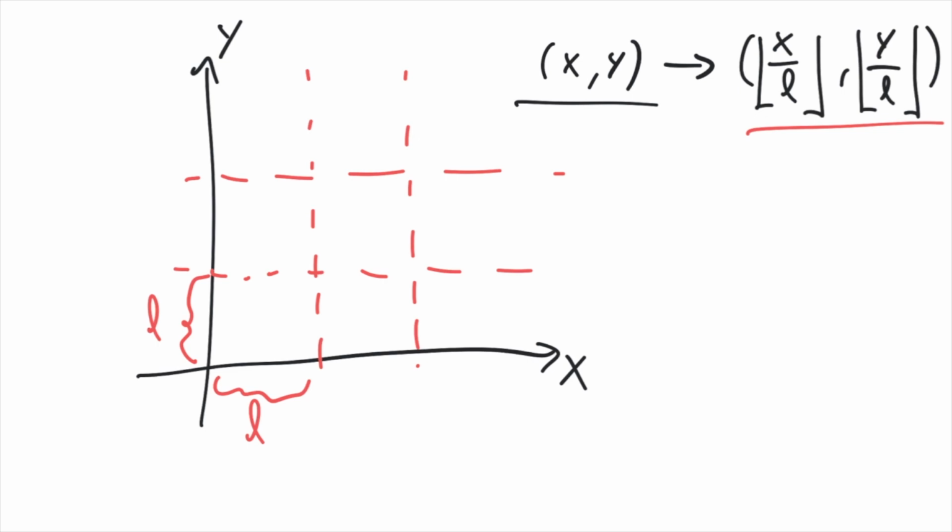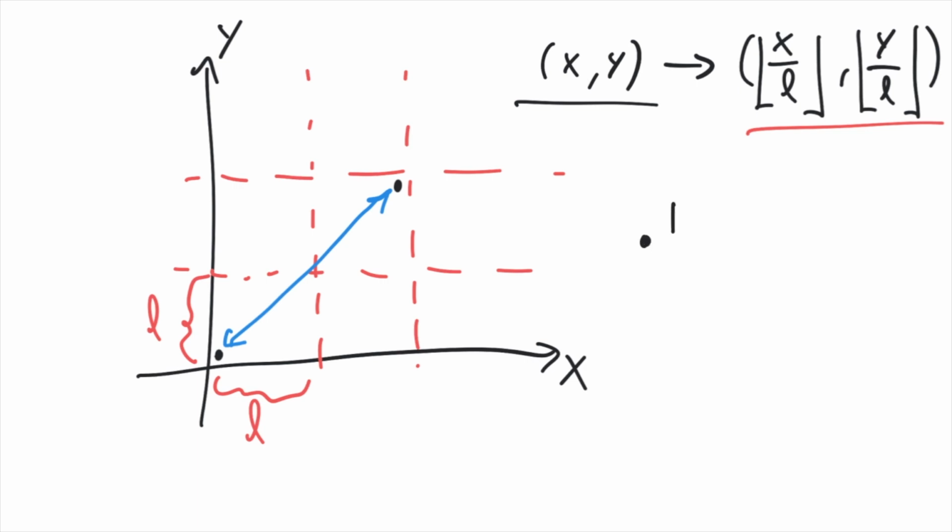The first one I want to mention is that the maximum distance between a point in a given cell and a point in a neighboring cell is bounded by this diagonal. So if 2 points are in neighboring cells, they cannot be further apart than this length. Let's write that down.